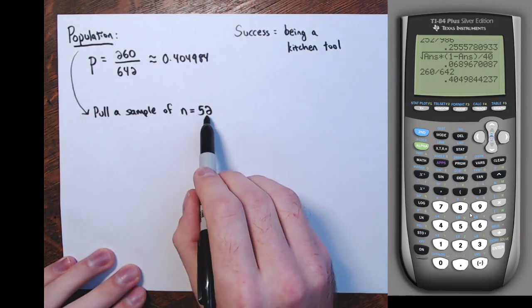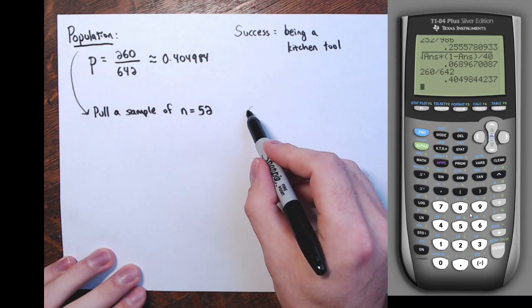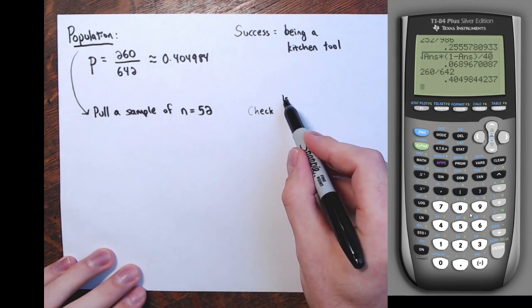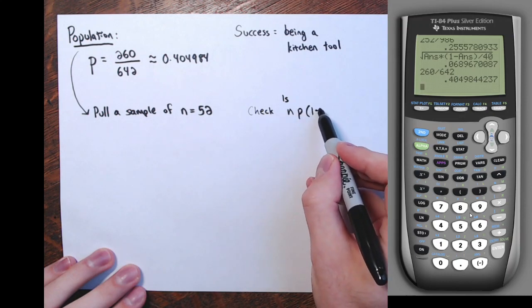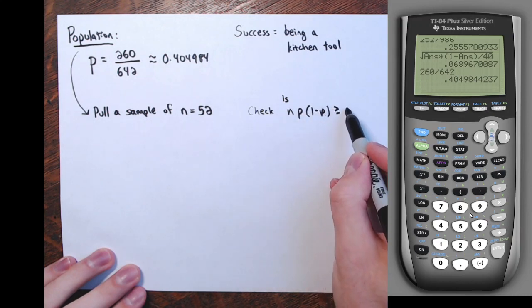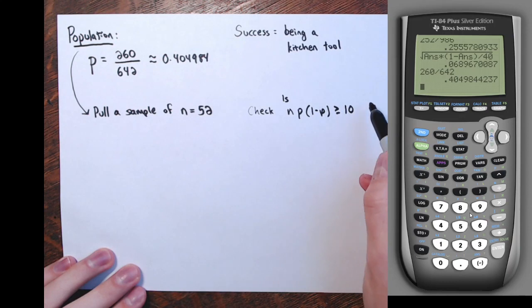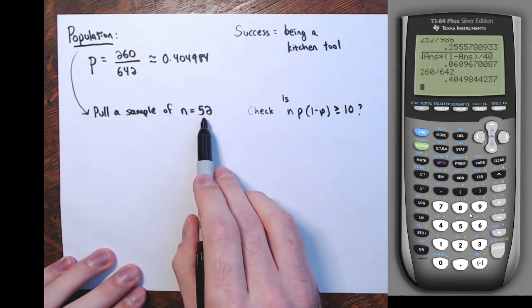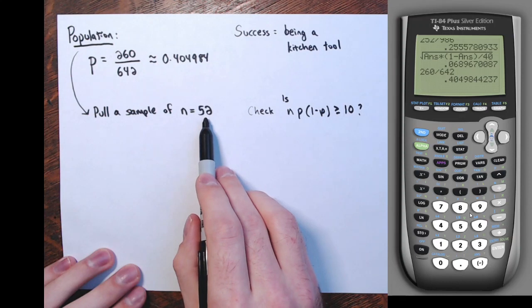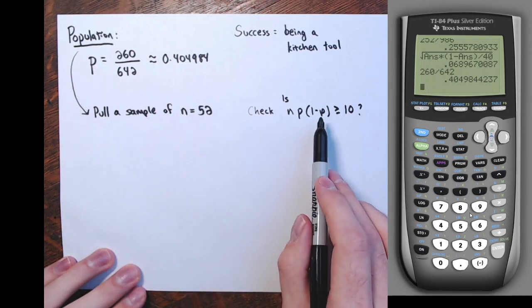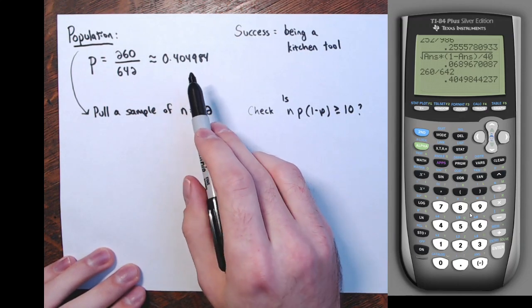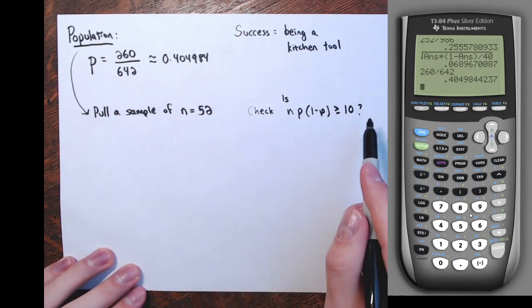Now, we've got to check that one condition, that n times p times 1 minus p is greater than or equal to 10. And the answer is yes. If you take 40% of this, it would be 20 some, and then times 1 minus p, which would be about 60%, so it'd be about 18.